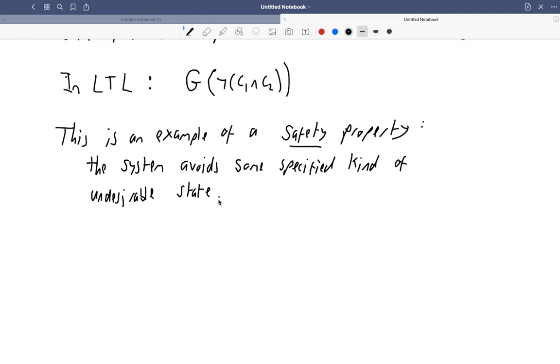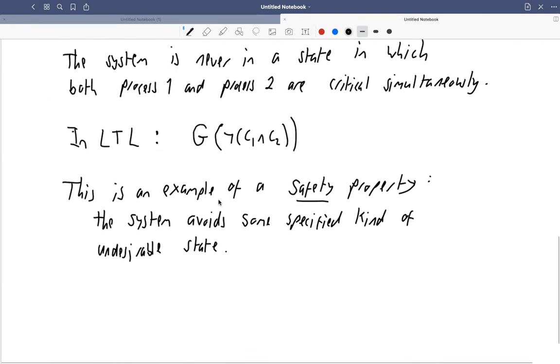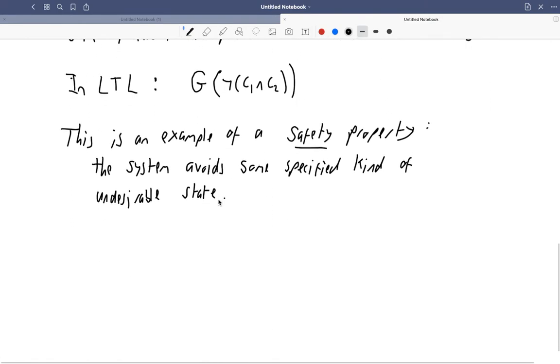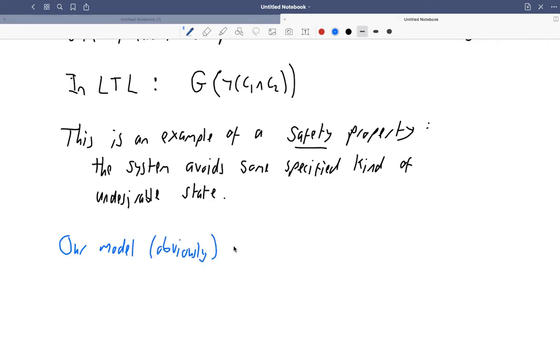We avoid an unsafe state. Okay, so that's one example. So, just to write maybe in blue, our model obviously satisfies mutual exclusion.